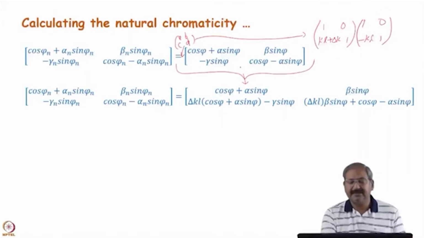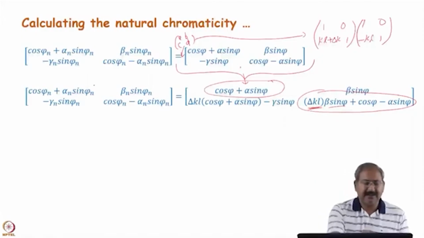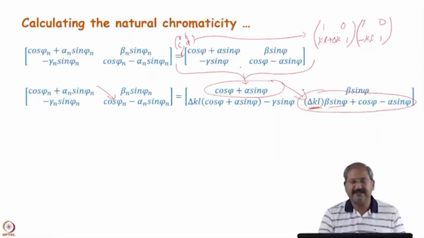So here you can see that this element is still cos phi plus alpha sin phi, but this element now contains beta sin phi multiplied by the error of the quadrupole, or the strength change in the quadrupole. Now we can compare the trace of these two matrices, since these two matrices are the same.